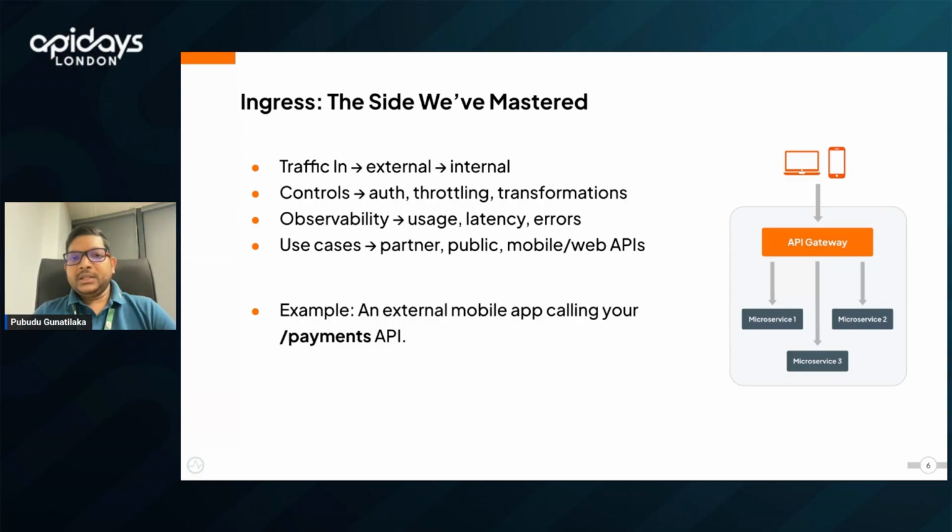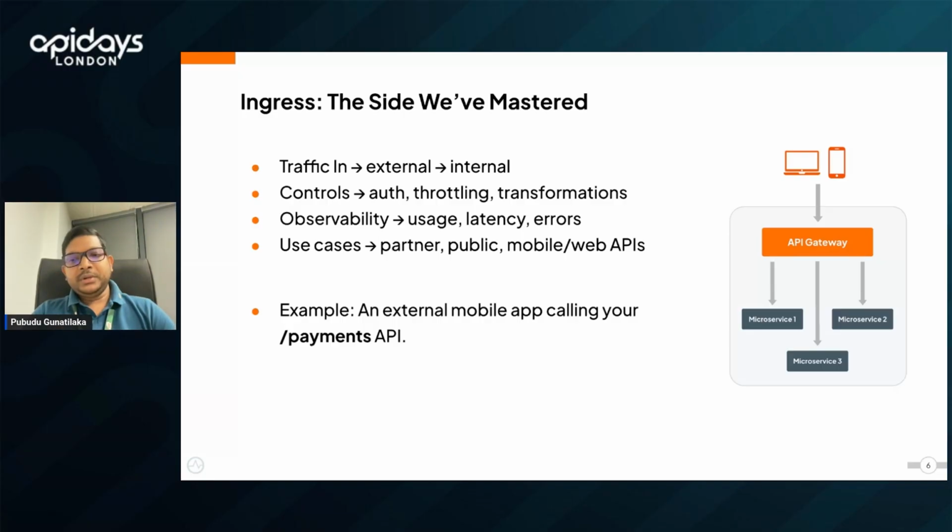Now, if you look at the ingress part, that's the side we have mastered today. From the traffic point of view, this is the traffic that comes from your external consumers to internal. Then we have a set of controls like policies. We look at authentication, rate limiting, and transformation likewise.